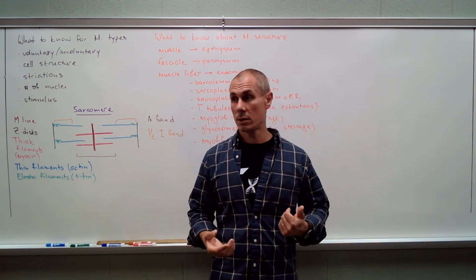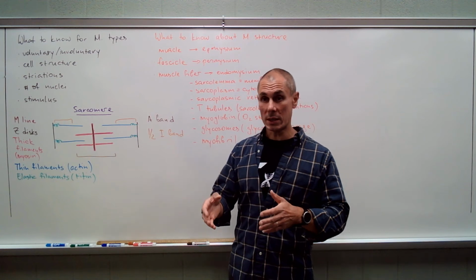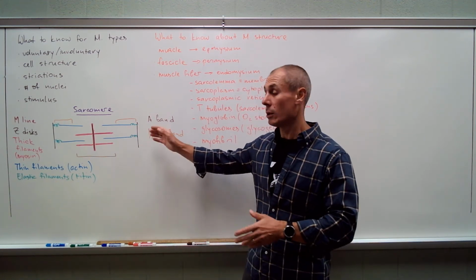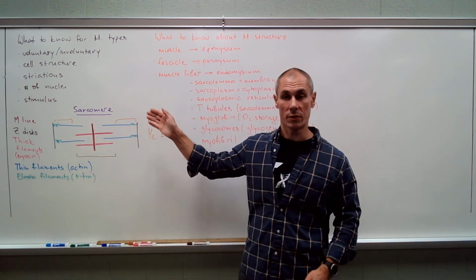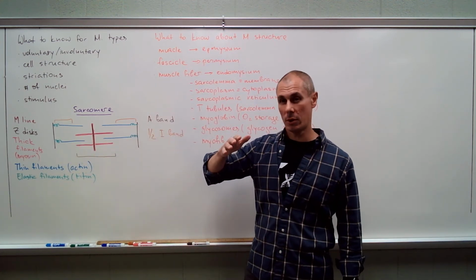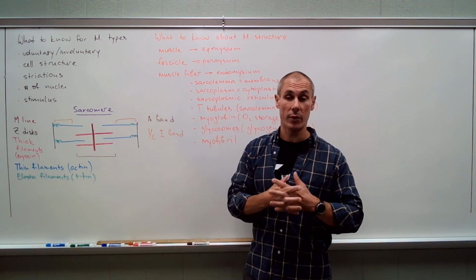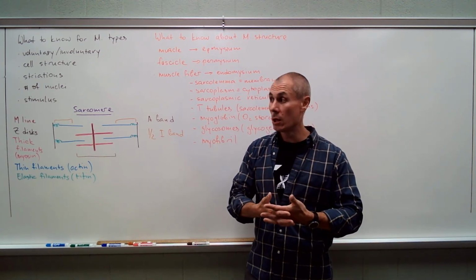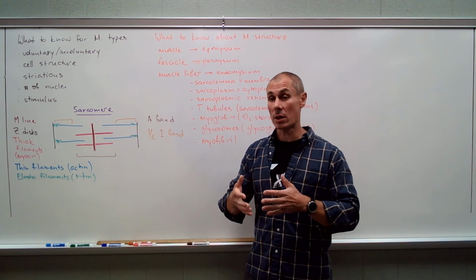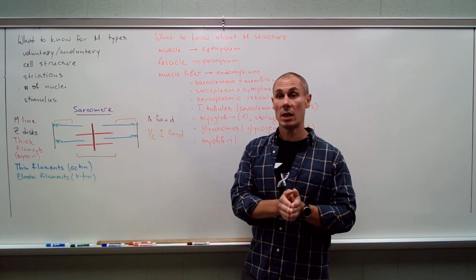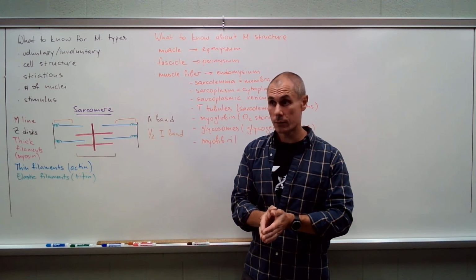Striations tell you this muscle cell contains sarcomeres, so it contracts by means of sarcomeres. You follow me? Cardiac muscle and skeletal muscle are both striated, which means there are sarcomeres in both. Smooth muscle is not striated. It does not have sarcomeres.